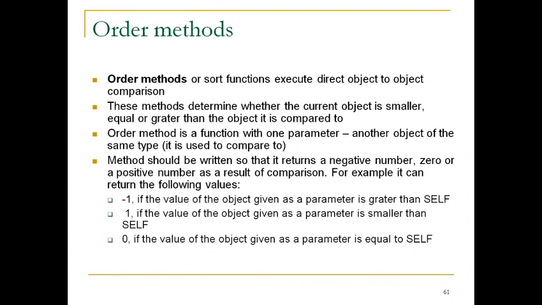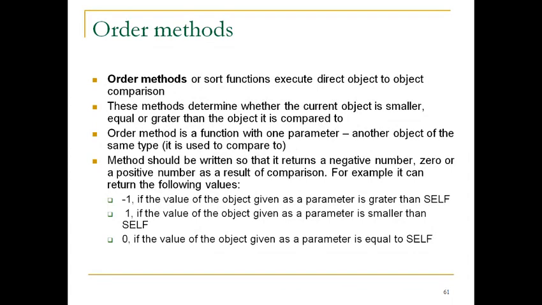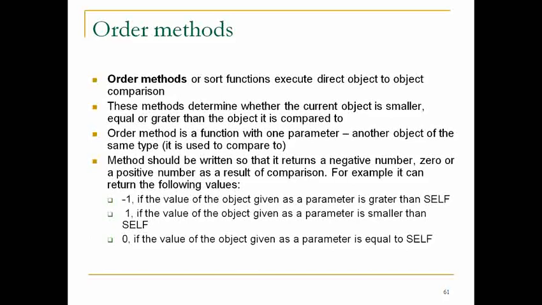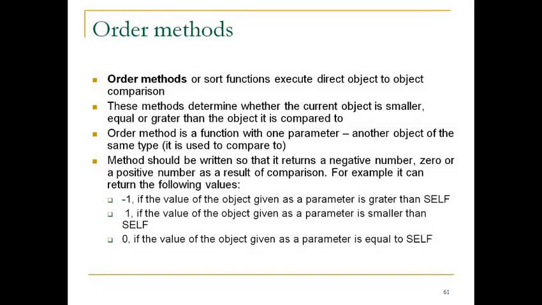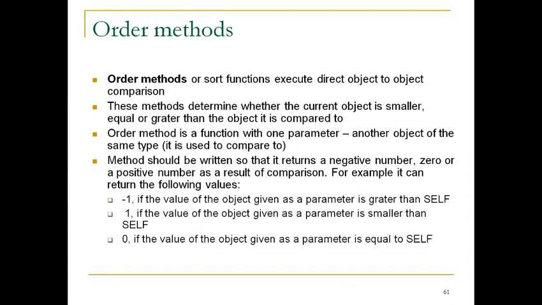To do this comparison, this method is called by giving a parameter of the same type, the second object. We have our object and we compare it to the parameter. And it is done in a very simple way.